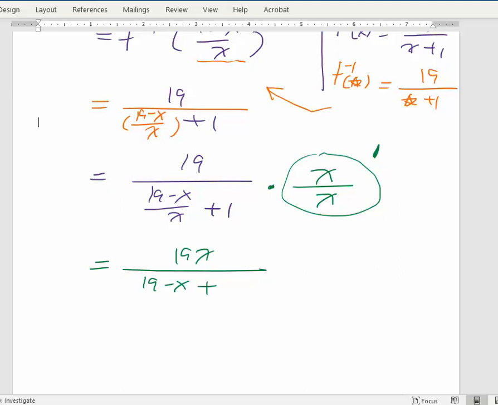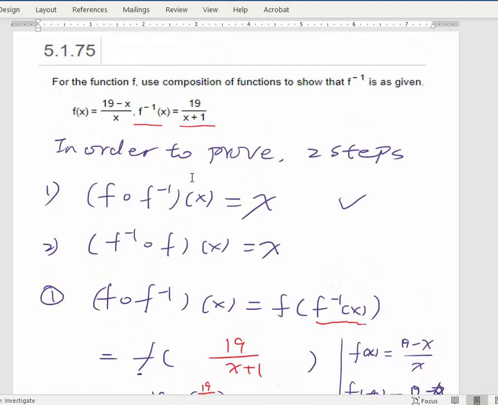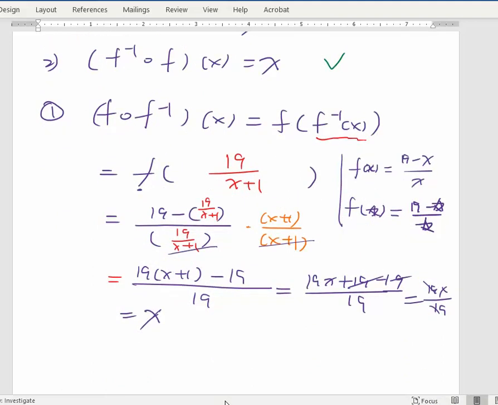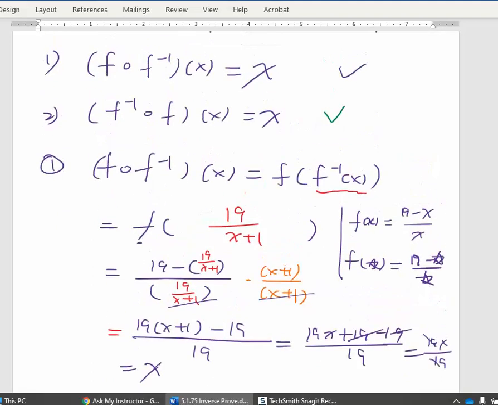Then the one also gets multiplied by x. So we have 19x over 19. These two cancel out, so the answer here is equal to x. So we prove these two compositions. Therefore, we can say these two are inverses of each other. That is the step we can look at in this case.